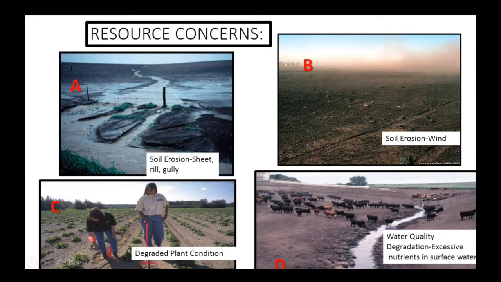The top photo, A, we've got soil erosion, we have sheet erosion, we have rills, we have gullies, we've got it all there. We've got sediment traveling off site, we've got a mess. So we need to do a lot of planning to figure out what caused it, what's really going on here, and what exactly is that benchmark condition.